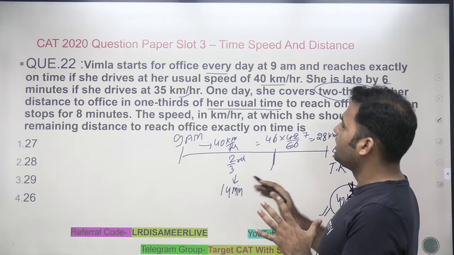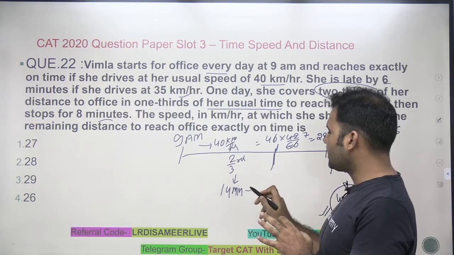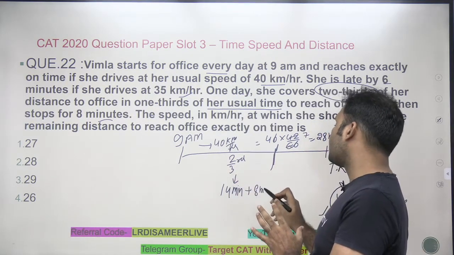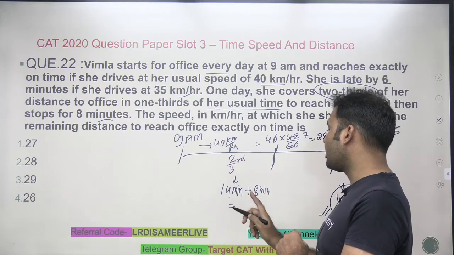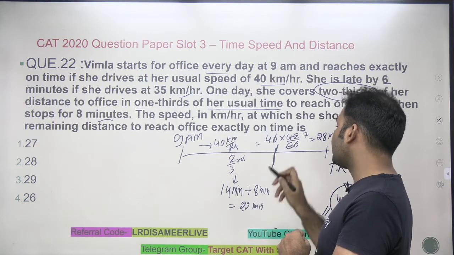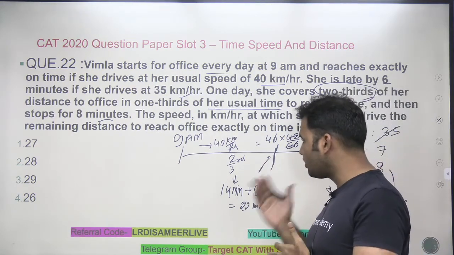After that, she stops for 8 minutes. So by the time she covered 2/3, she has already taken 8 minutes, and now she is also taking a stoppage of 22 minutes. That means 22 minutes are gone. Can I say by the time she has traveled 2/3 distance, 22 minutes are gone.